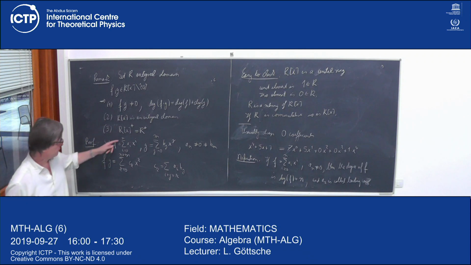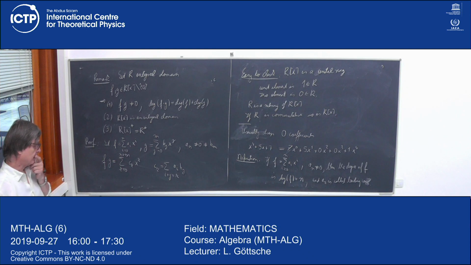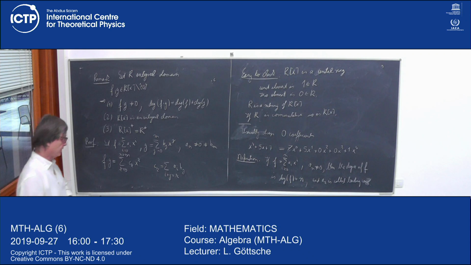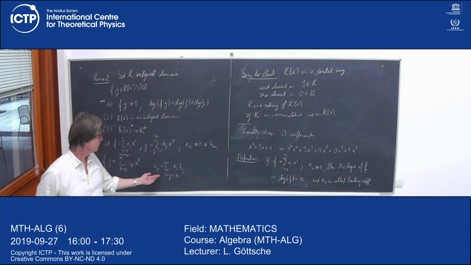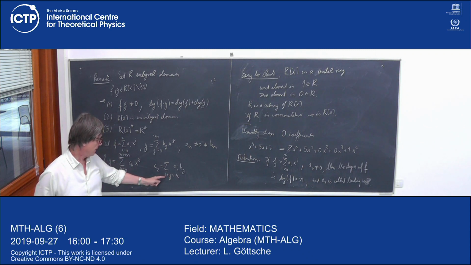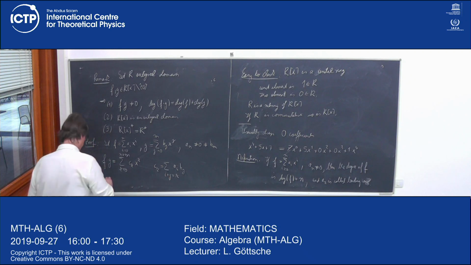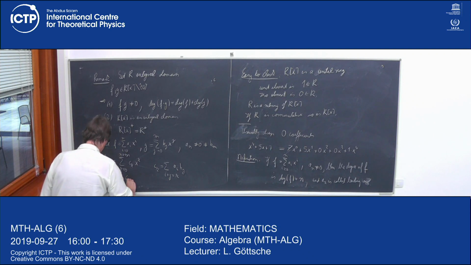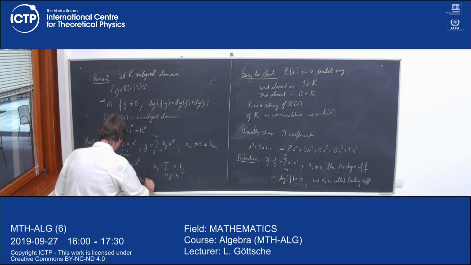Now, the highest degree we can get is n plus m, and on the other hand, what is the coefficient of x^(n+m)? If we look here, this whole sum consists of only one summand, namely a_n times b_m. So we have c_(n+m) equal to a_n b_m.